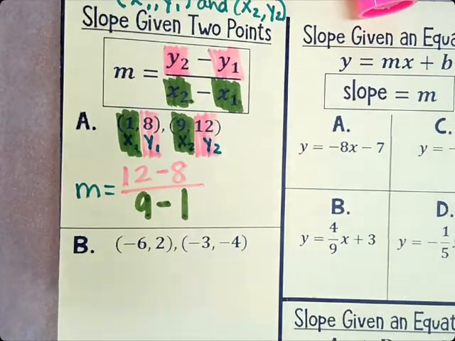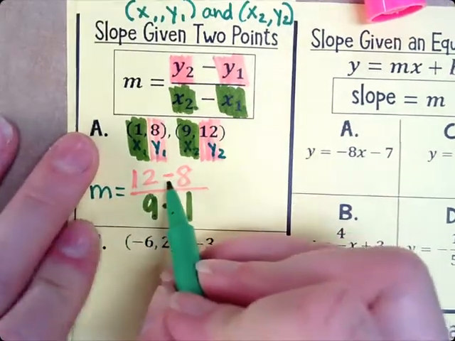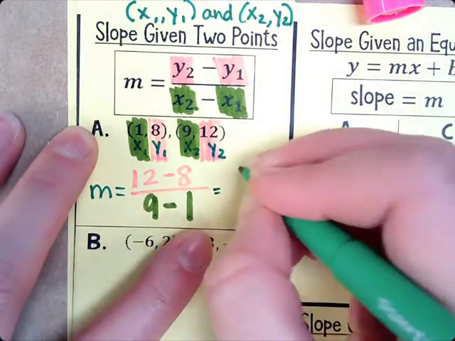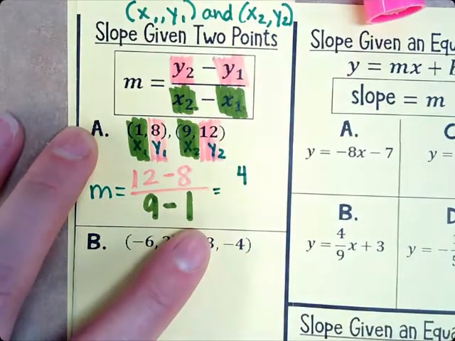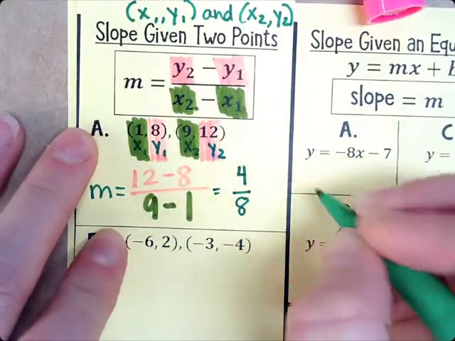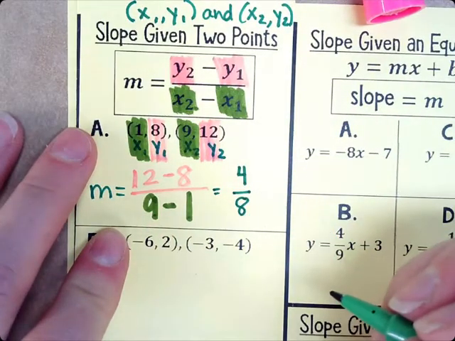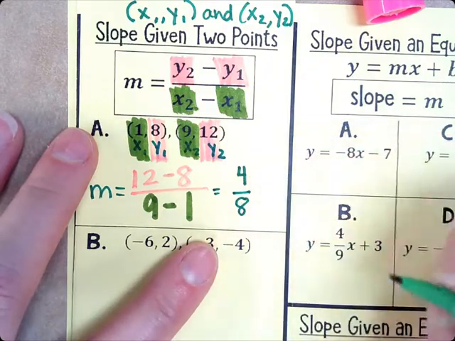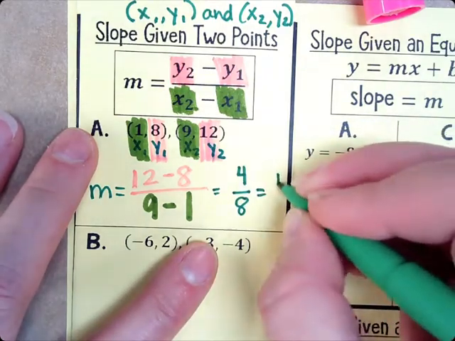You can always use your calculator to do this, or you can do it by hand. So 12 minus 8 is 4. 9 minus 1 is 8. Then reduce that. I can reduce it by 4s to get 1/2.